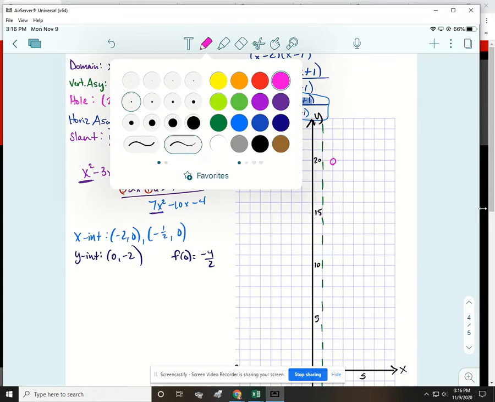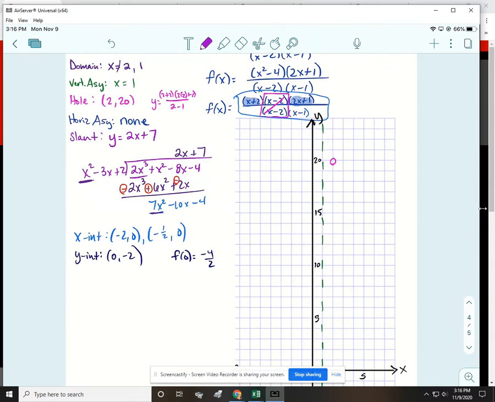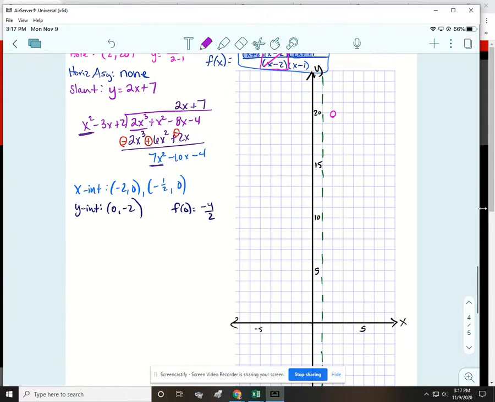Right. And then I have no horizontal asymptote. I do have a slant asymptote that's at the line y equals 2x plus 7. So I'm just going to graph that line. So I go to a y-intercept of 7. And a slope of 2 means up 2, right 1, up 2, right 1, up 2, right 1. So these dots, let me do that a little bit better.